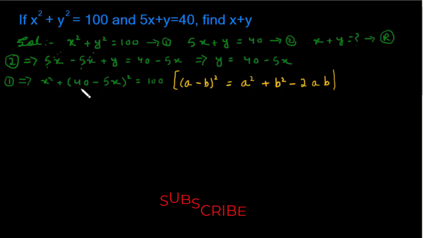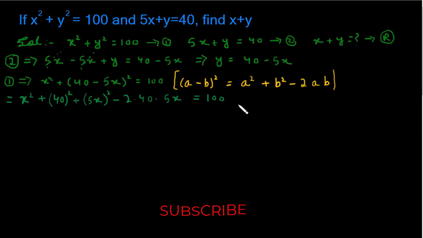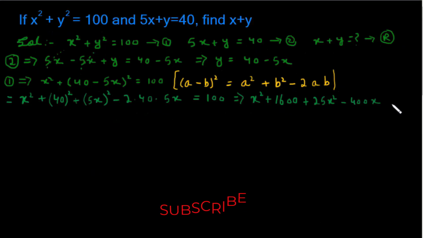So I will treat 40 as a, and 5x, which is the second term, as b. So this equation will become x squared plus 40 squared plus 5x whole squared minus 2 times 40 times 5x is equal to 100, and this will give me x squared plus 1600 plus 25x squared, and 2 times 40 is 80, and 80 times 5 is 400x, which is equal to 100.